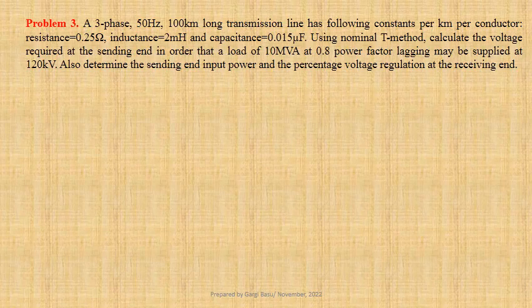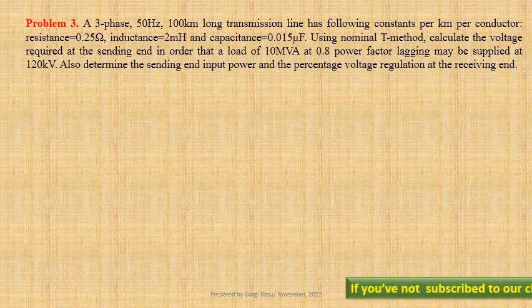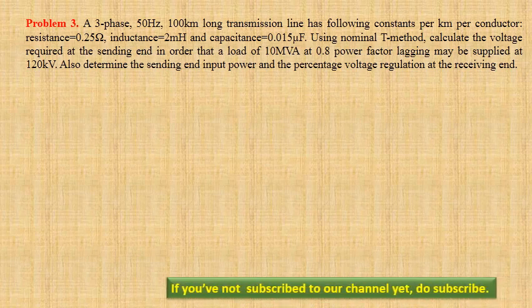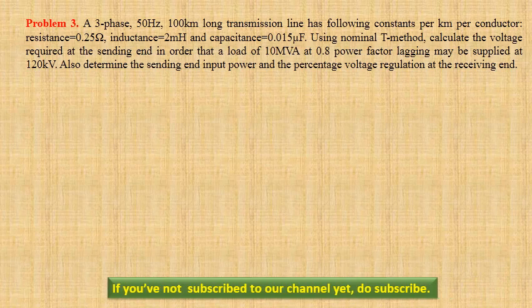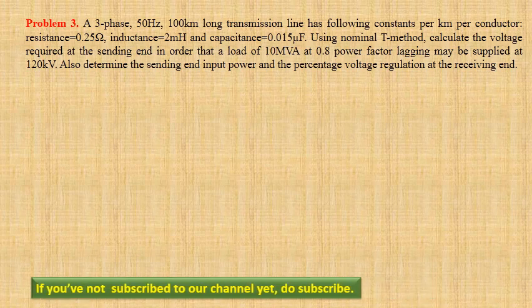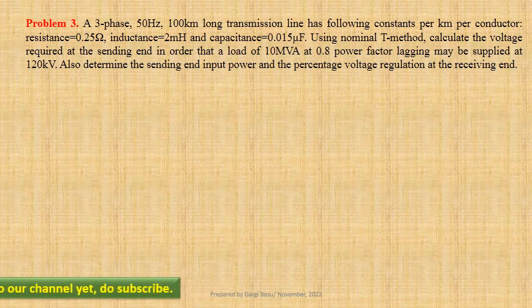A three-phase 50 Hz 100 km long transmission line has following constants per kilometer per conductor. Resistance equals to 0.25 ohm, inductance equals to 2 millihenry and capacitance equals to 0.015 microfarad.